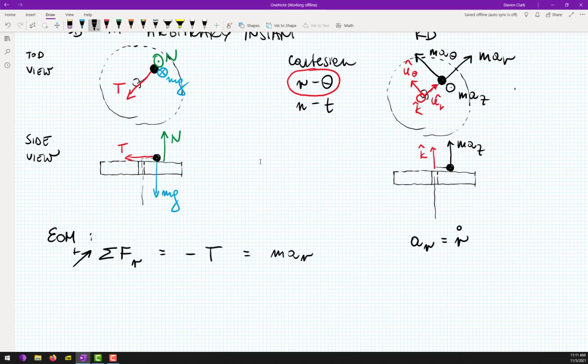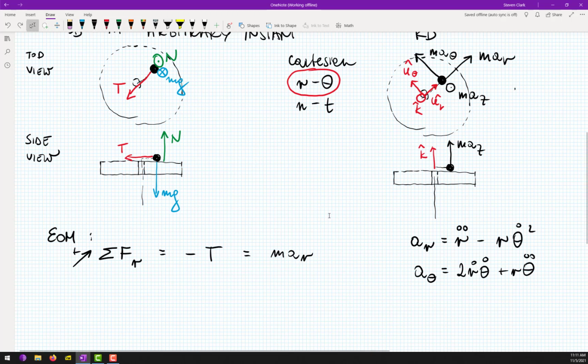So AR, if I remember correctly, was R double dot minus R theta dot squared, and A theta was 2 R dot theta dot plus this. Now we should plug this in here. However, before plugging in, let's simplify that equation.